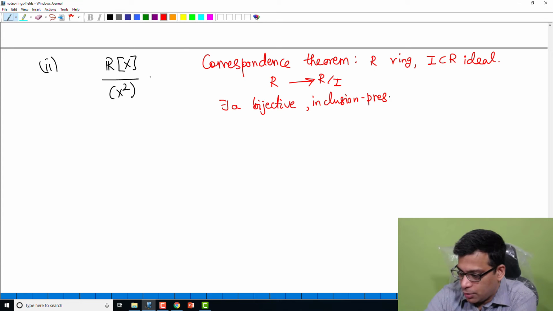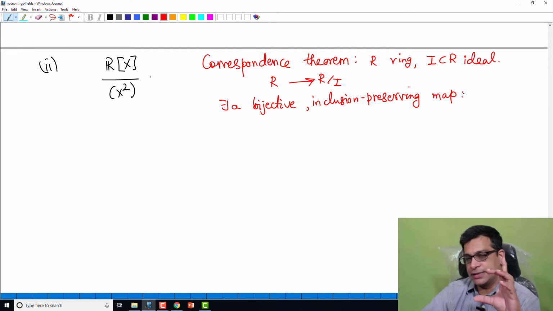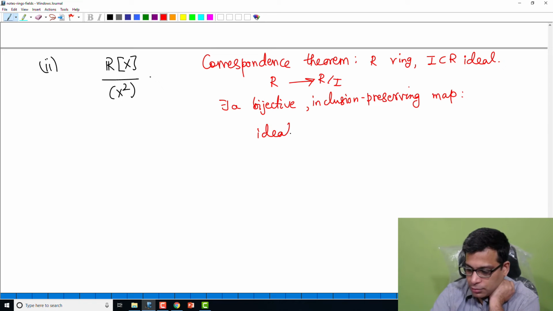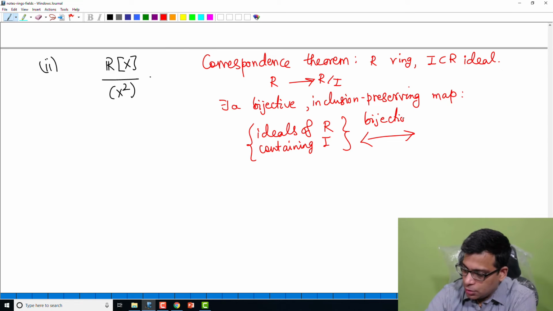You understand what I mean by that, right? So this is a bijection from ideals of R containing I to ideals of R mod I.